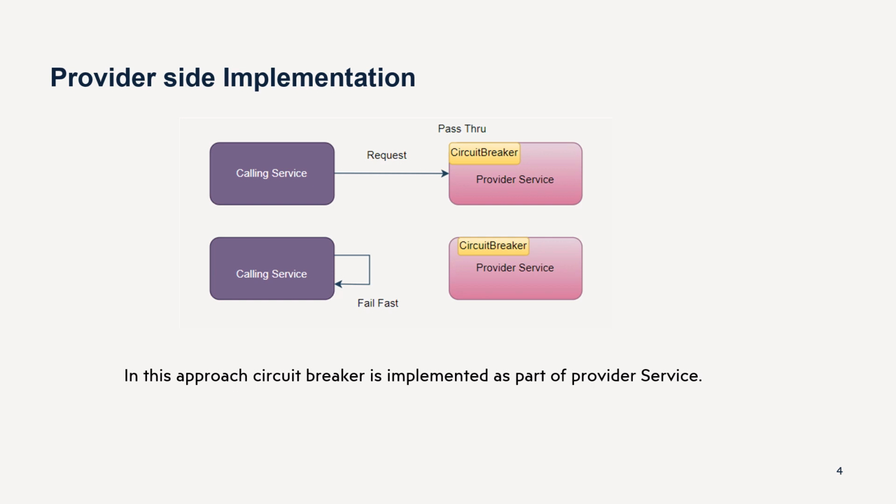It will have some threshold, but at that time there will be inconvenience to the customer, there will be response delays, right? So whenever we have very tight SLAs and we want to fail fast very quickly, at that time we use this pattern. So in this pattern, the code change is going to happen at the provider service side, and there will be no impact on the calling service.